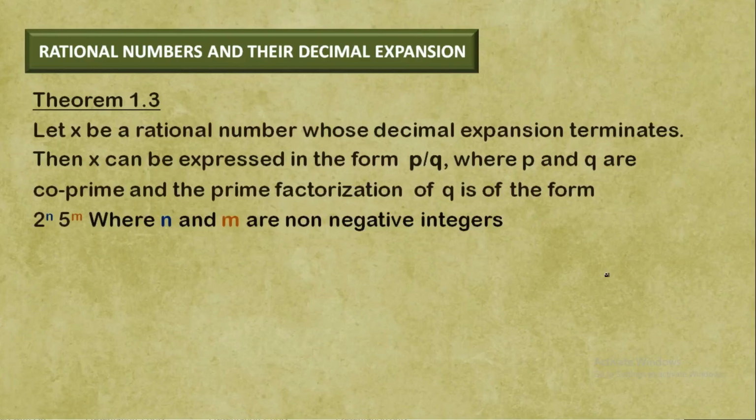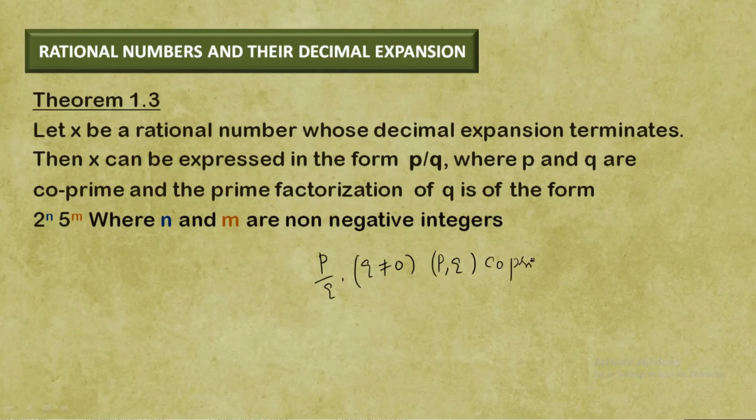Let x be any rational number. You have to remember that every rational number will be in the form of p by q, where q is not equal to 0 always, and p comma q are always co-primes. Co-primes means HCF of p and q is always equal to 1. So this is the definition of a rational number whose decimal expansion terminates.